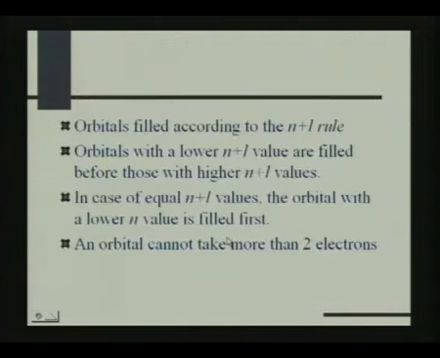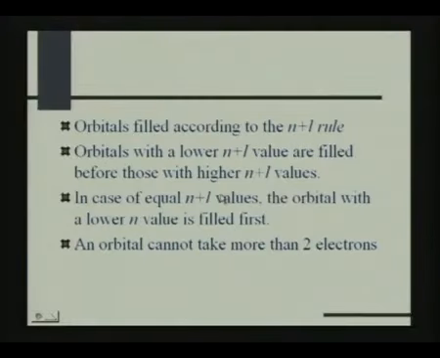Again, orbitals with a lower n plus l value are filled before those with a higher n plus l value, and in case of equal n plus l values, we saw 3p and 4s, and 4p and 5s. I hope it is clear what the n plus l rule is.